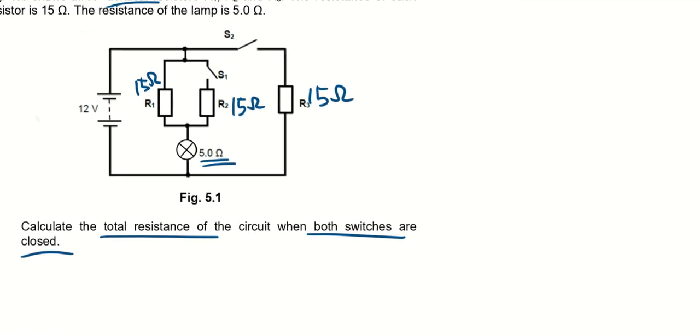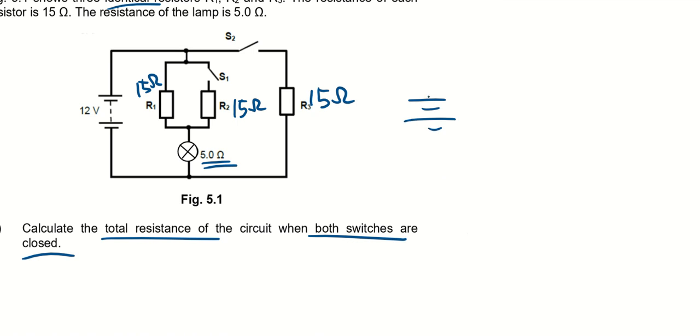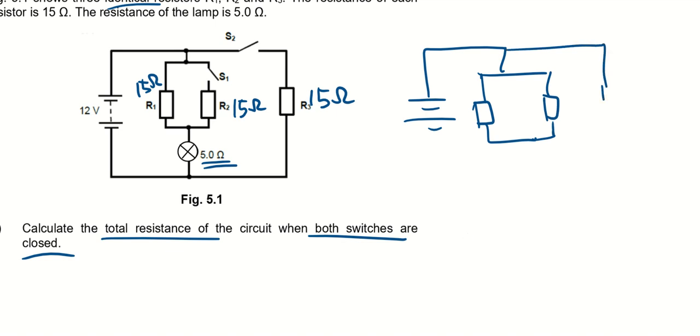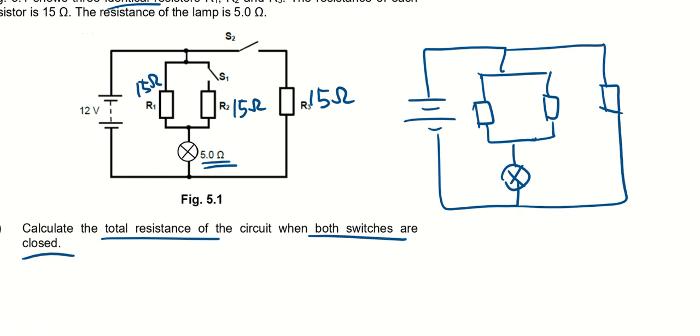To do this, one quick way is to redraw the circuit. It doesn't take a very long time, but it will help. So this is 15 ohm, 15 ohm, and 15 ohm. This is 5 ohm. So we need to find the effective resistance of this.